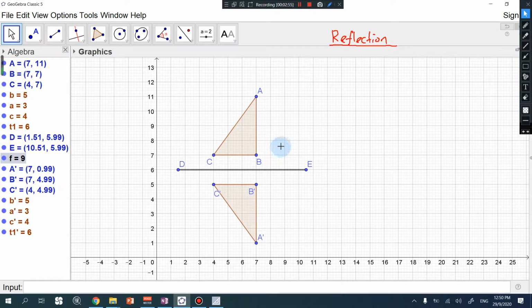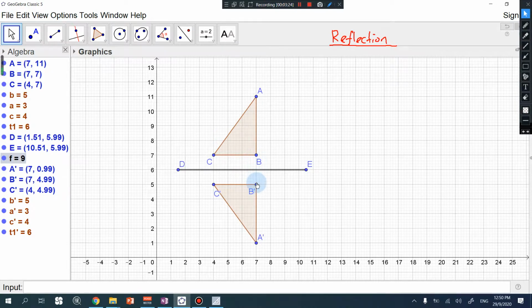Okay, do you notice that the perpendicular distance from one point to the axis of reflection is the same as the perpendicular distance from the corresponding point to the axis of reflection? What I mean is, B to the axis of reflection is the same as B prime to the axis of reflection.